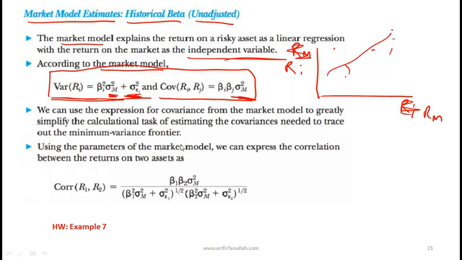Using the parameters of the market model, we can express the correlation between returns on two assets like this. If we have all the betas, we can come up with returns plus we can come up with the correlation. Is correlation between assets needed in a mean variance model? It is. It is needed.